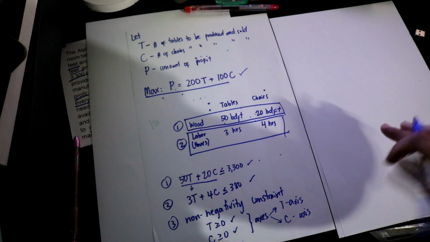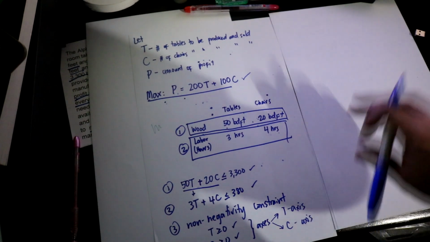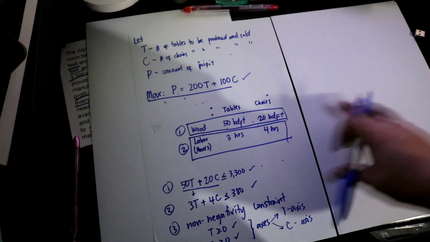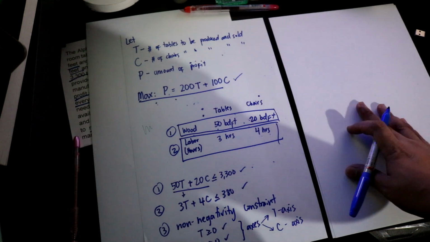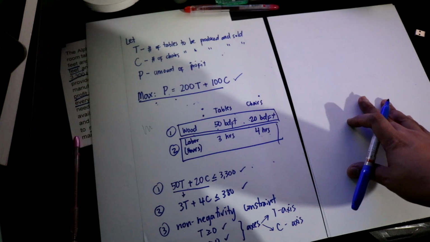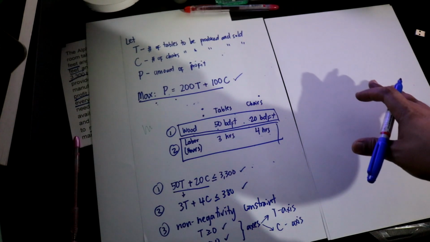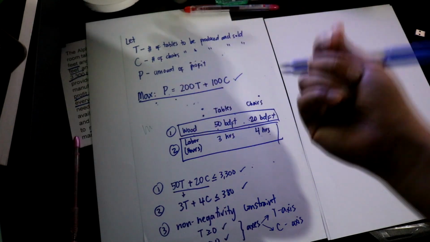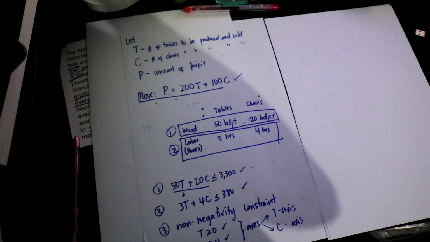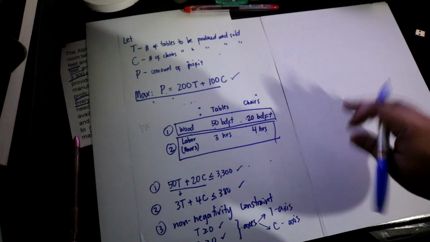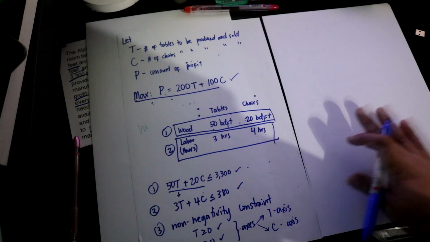And therefore, this is crucial. We need to master how to solve maximization problems using the simplex method, because in solving minimization problems, we just transform it into a maximization problem. So we need to really master this approach.